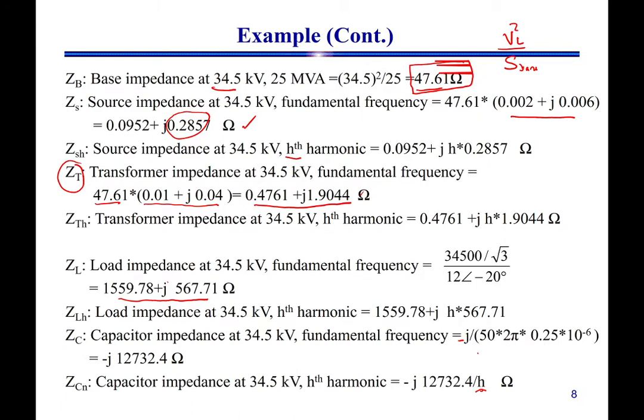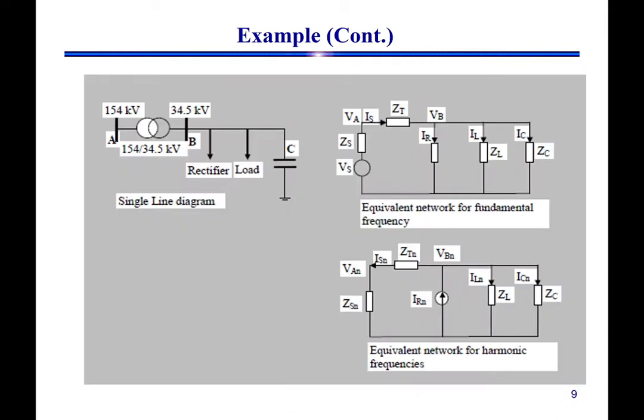Okay, so that will give us the different impedances for the network. Again, this is the network at the fundamental frequency with the existence of the generator, but when we draw the network for the harmonic frequency, since the generator only works at fundamental frequency, it can be shorted out.